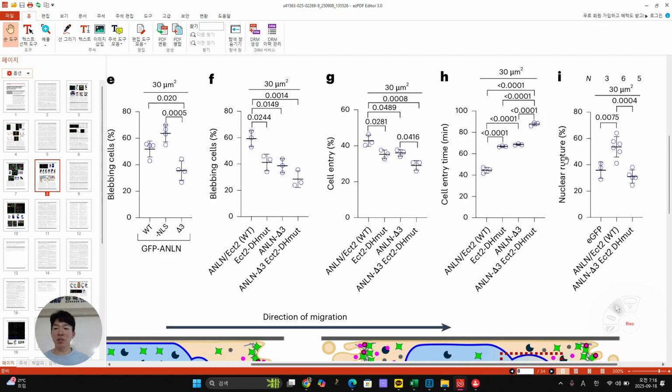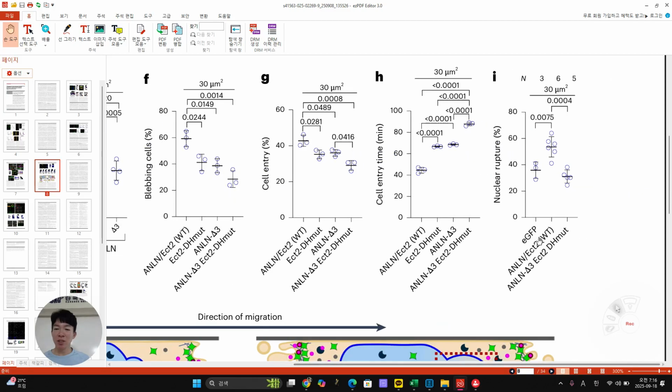And then nuclear rupture, the same thing happens. With anillin Act2, when they add more, EGFP is just a control plasmid they transfect into the cell. And then when they transfect more anillin Act2, it is localized in the cytoplasm, right?